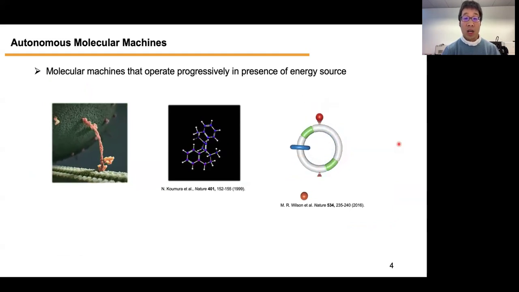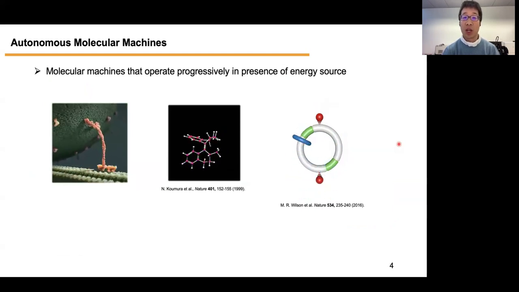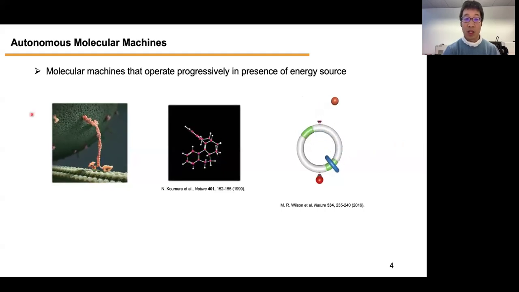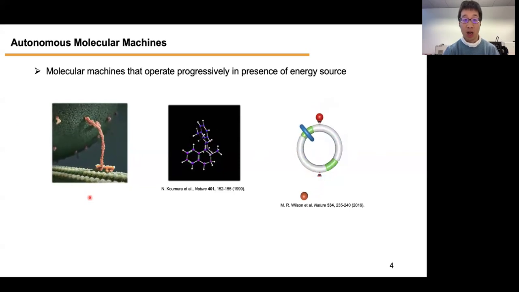And what I was interested in is autonomous molecular machines. So they are the molecular machines that operate progressively in presence of energy source. So for example, the left one is kinesin, which is a walker molecule operating in our cells to transport cargoes. And the middle one is a light-driven synthetic rotary motor.